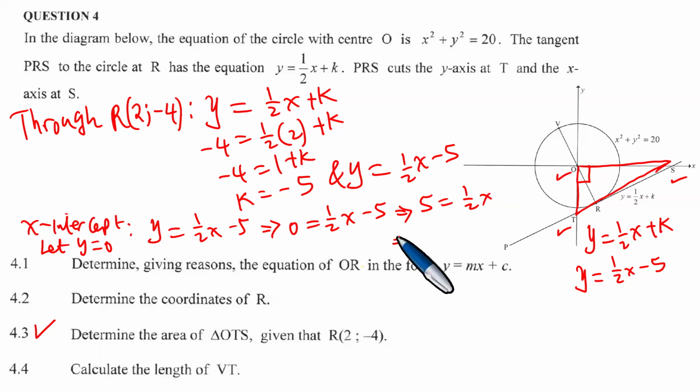You cross multiply, 2 times 5 gives us 10 equals x. That tells us the coordinates of S: x is 10 and y is 0 at this point. And so now we continue to solve more problems.